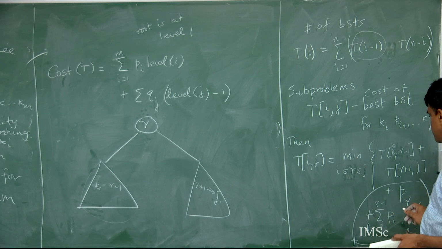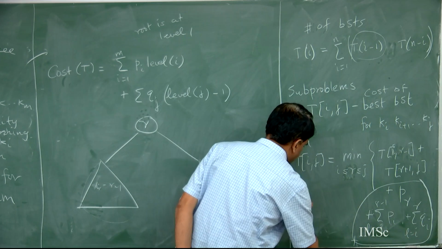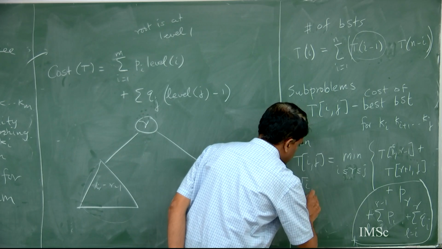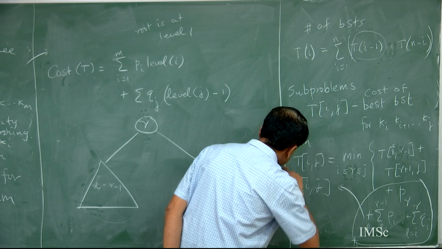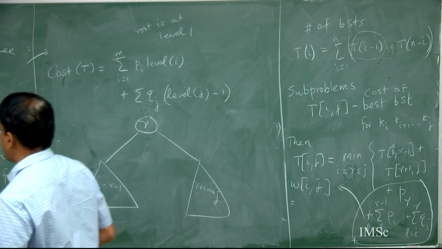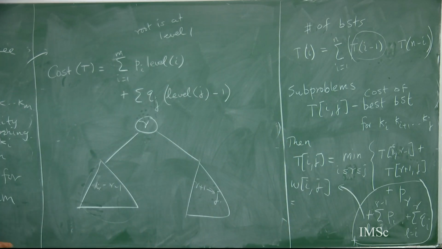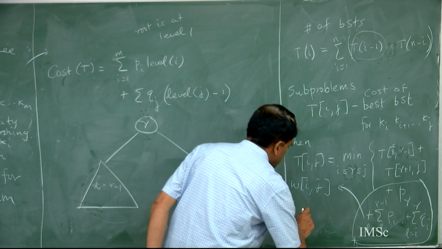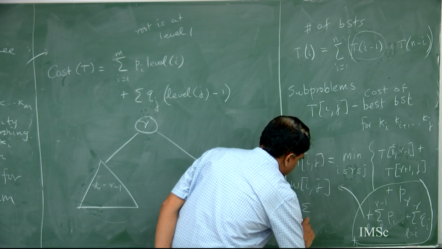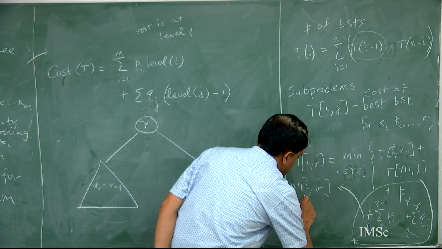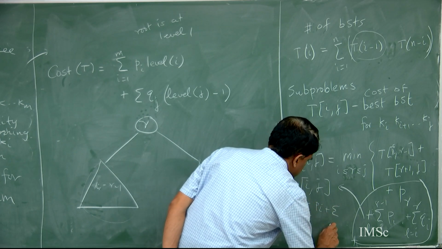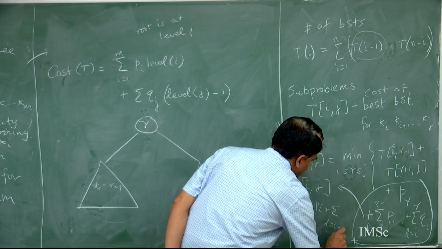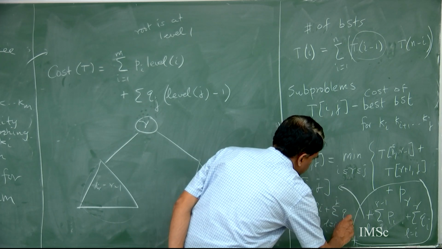So, this would be simply, let us write this as weight of Ij, and what is this? So the gaps start from Qi minus 1. So, summation L equal to I to J Pl plus summation L equal to I minus 1 to J Ql.